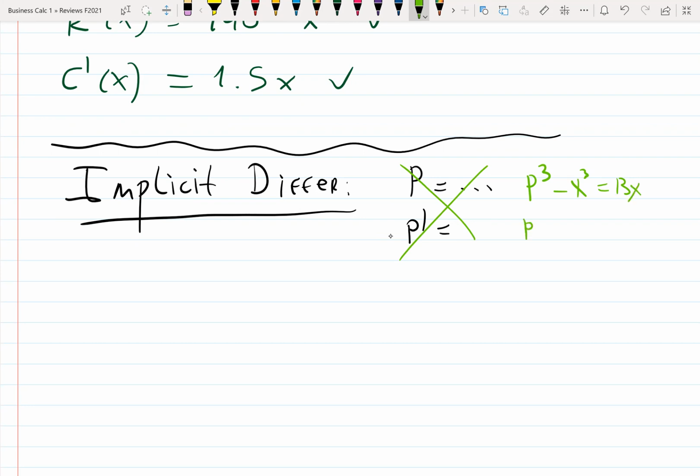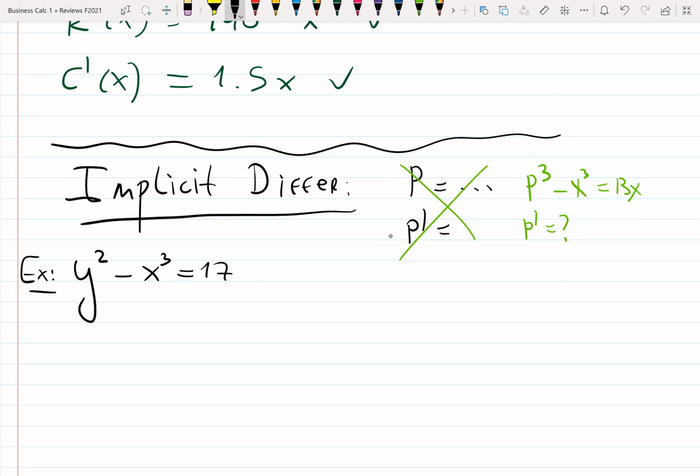How will you find P prime then? Or any function: it is not given explicitly, it's given implicitly. So the differentiation should also happen implicitly, not explicitly. Sometimes you just cannot even solve for y to find y prime.